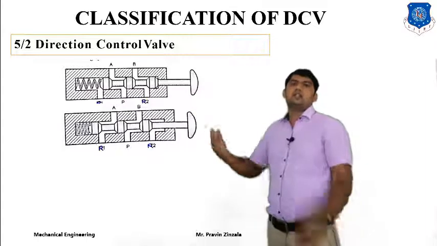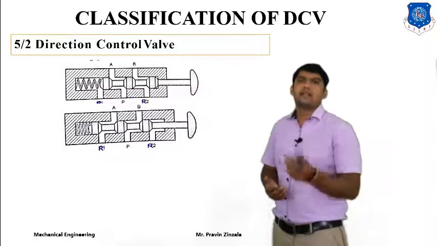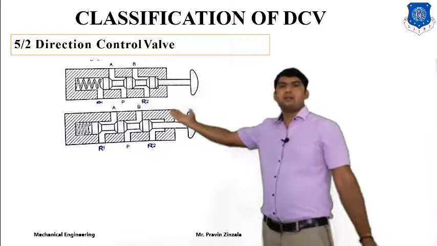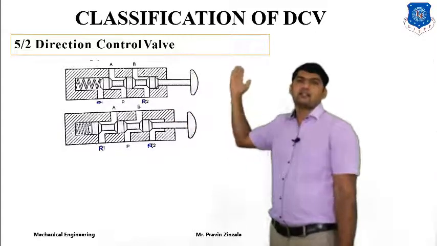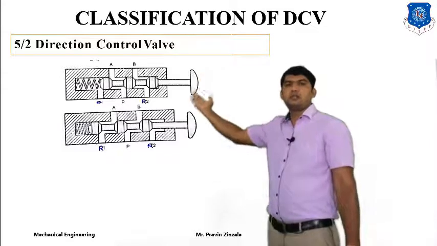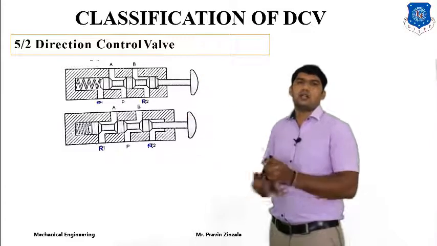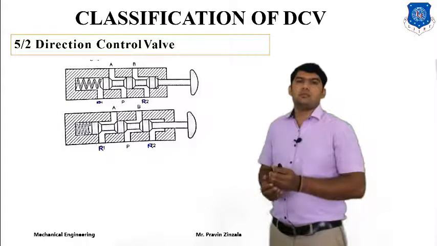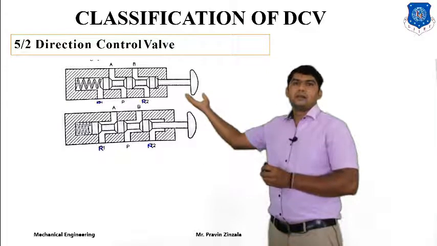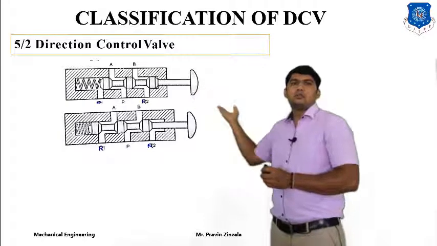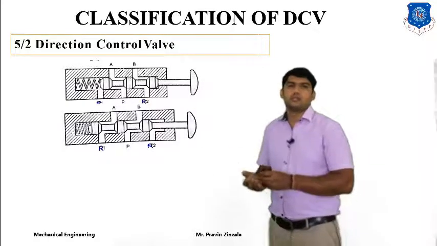A and B will be connected to the cylinder. In the first position, fluid will pass from P to A, so the cylinder will start to extend. At the same time, fluid will pass from B to R2, which is the exhaust. If it is a hydraulic system, the fluid goes to the reservoir. And if it is a pneumatic system, the fluid goes to the exhaust, to the atmosphere.